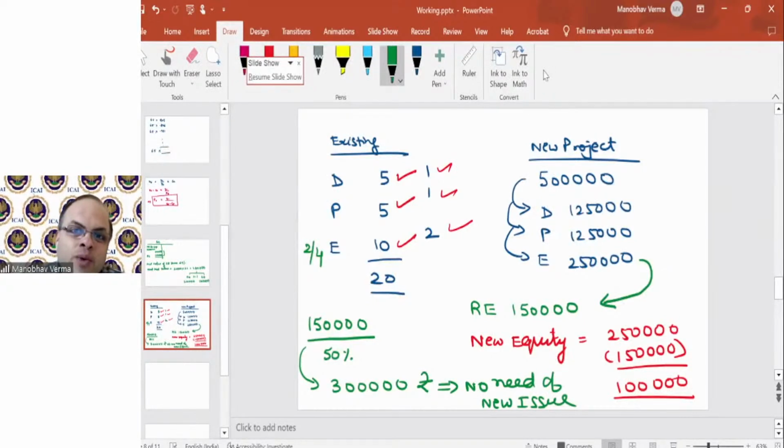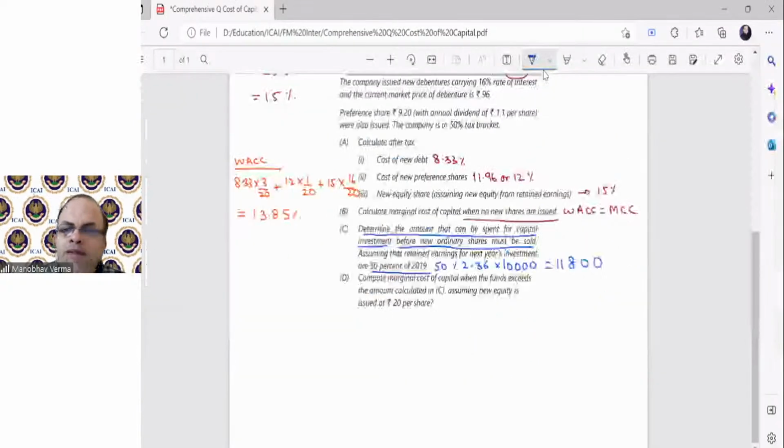So what they're asking you here is, what is the maximum amount of investment where no equity share is required? Mind you, 11,800 is my retained earnings. And I think my ratio is 3:1:16. Can anyone tell me how much is my percentage for equity here?